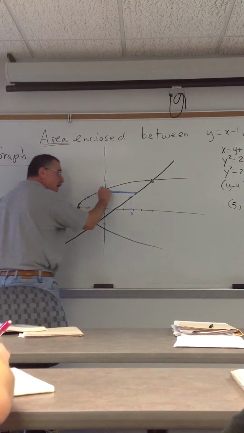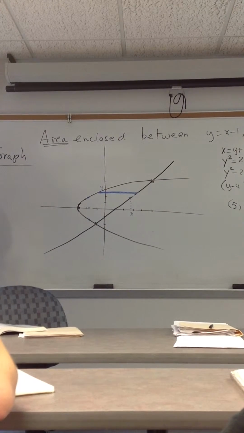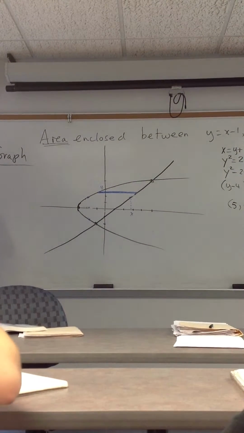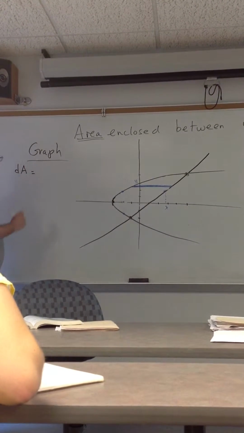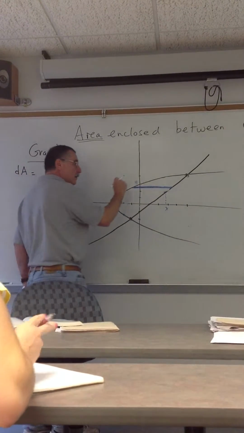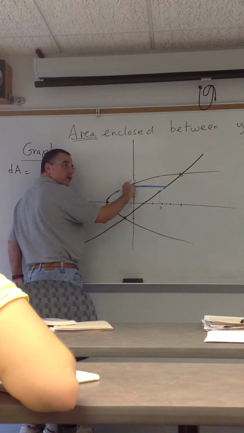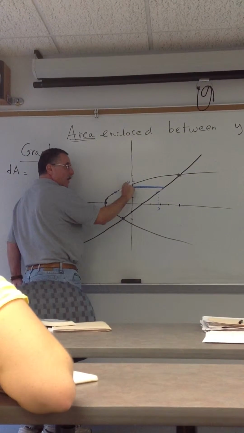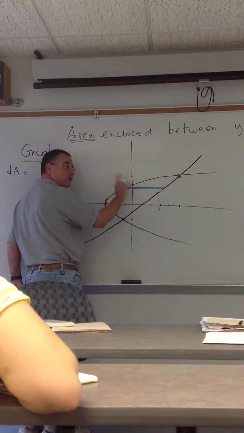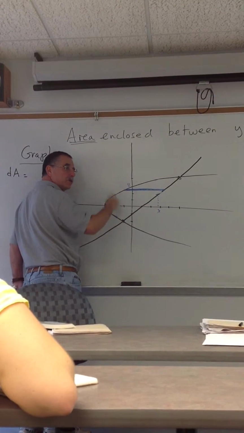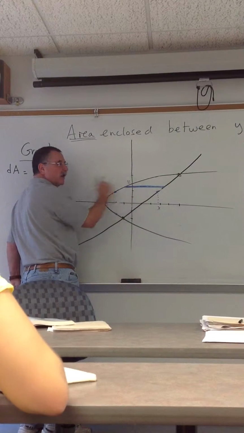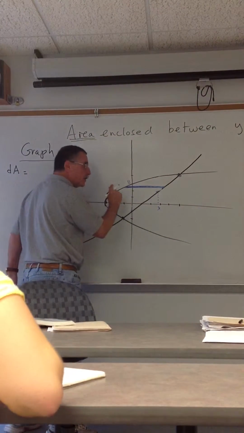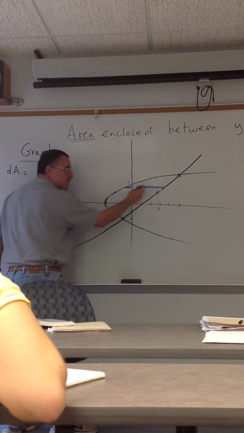Now, what is the area of that slice? Let's call it dA. dA, that's the area of that slice. What is the width? dy, okay? So this tells me right away that I'm going to be doing some integration with respect to y. So the width is dy. Now, what is the length of this slice?